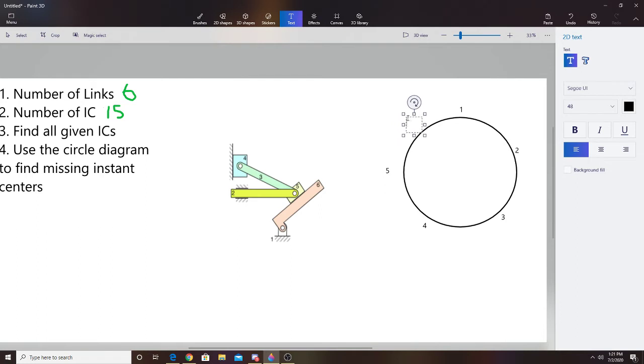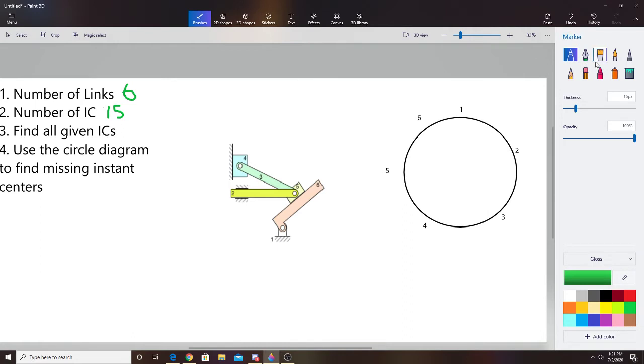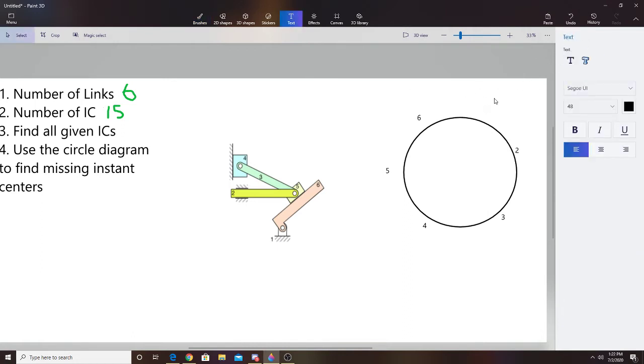That's going to annoy me, so I am going to change that. So real quick, before I move on, I'm going to get rid of that, because that's annoying. Alright, there it is. So, we now have our circle diagram, right? So this is our circle diagram that takes place right here.